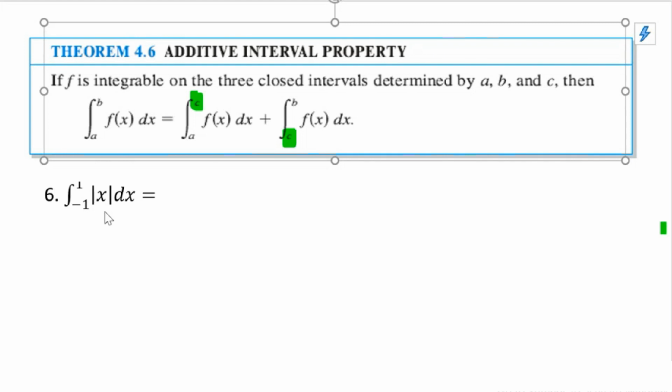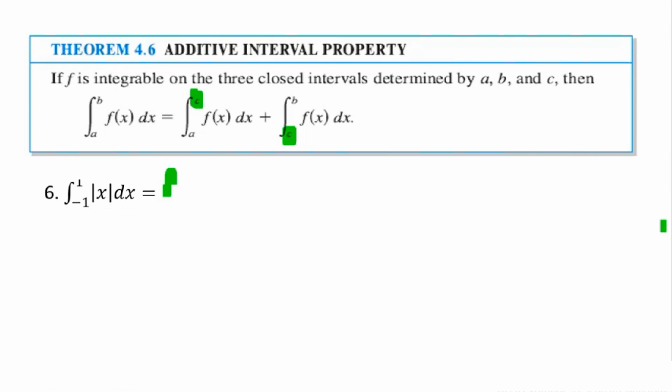So in writing that in our equation, we have the integral from negative 1 to 0 of negative x dx plus the integral of positive x dx from 0 to 1.